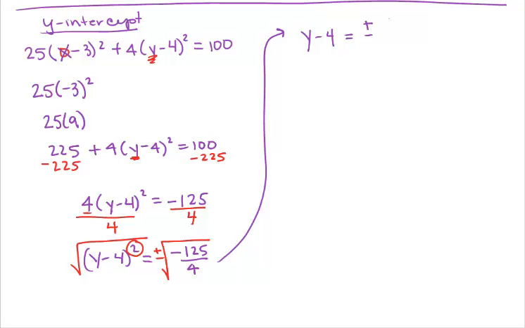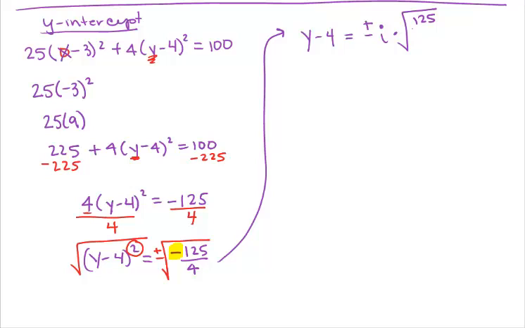Now, technically, I need to simplify the square root completely, but let me show you something that happens here. I have a square root of a negative number. And we have learned that square roots of negative numbers are i's. So I'm going to have an i here times the rest of my square root.